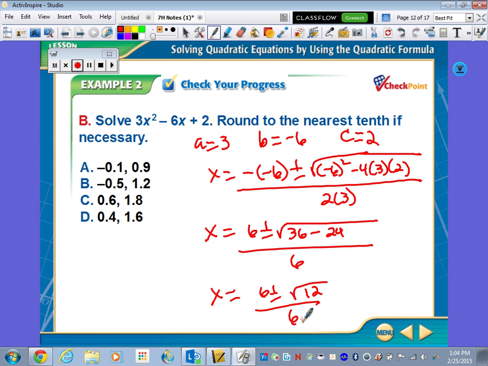So what you're going to do is you're going to take 6 plus square root 12, and then you want to divide that by 6. Mine automatically shifts to a simplifying radical, because I'm using a Casio, a newer one, so I'm going to use a calculator that'll tell me the decimal equivalent. Let's make sure we got that. Which would be my TI?